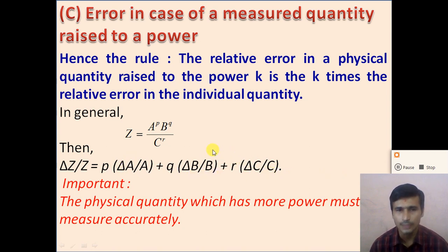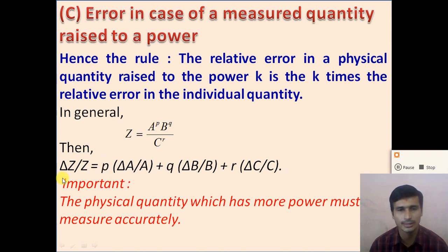But here the power is that many times increase in the error. So in the relative error, delta A by A plus delta B by B plus delta C by C, we multiply each power with the relative error.